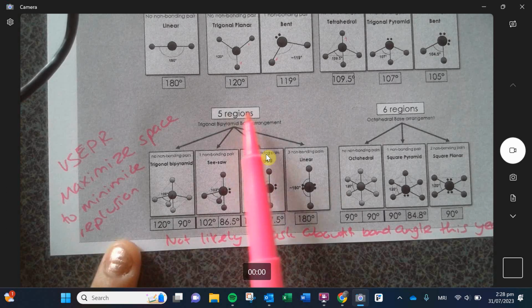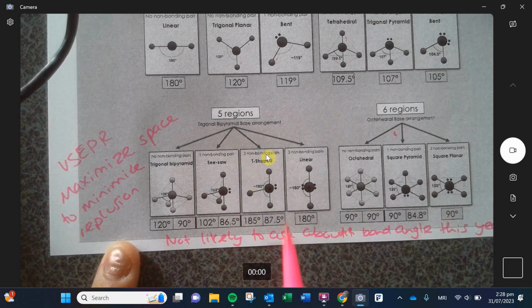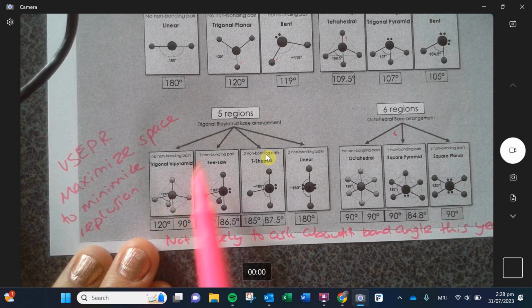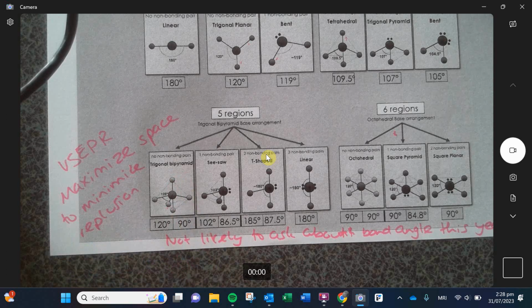All right, so 5 regions or 6 regions, and the same thing applies. Are those 5 regions all in bonds, or are there some that are not in bonds? If I have all of my 5 regions in a bond and there are no lone pairs, I get a trigonal bipyramidal shape.